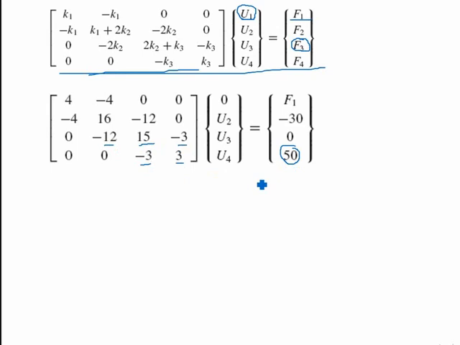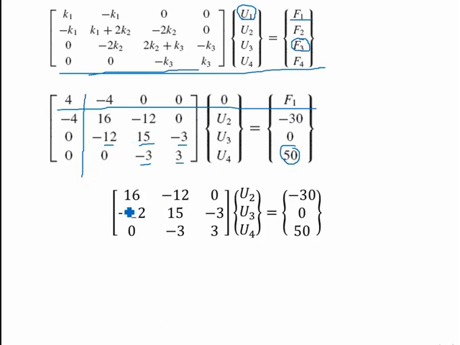Now here we can remove the first row and first column because you have U1 is equal to 0. The same strategy which we used for structural analysis, we can use here also. Therefore your system of equations will be reduced to 3 by 3.